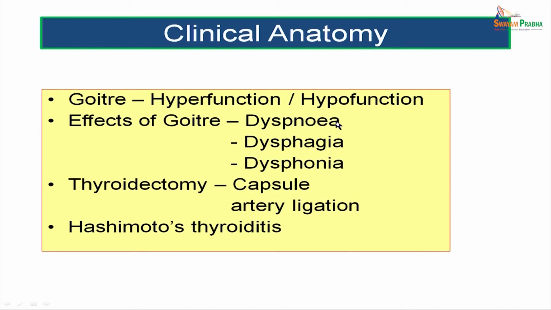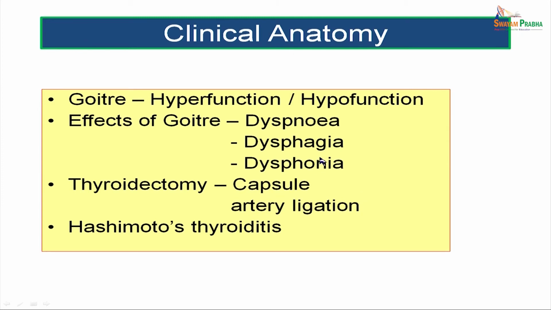Dyspnea is difficulty in breathing due to compression of the larynx or the trachea. Dysphagia is difficulty in swallowing due to compression of the pharynx and the esophagus. Dysphonia is altered speech or difficulty in speech, and this is due to compression of the recurrent laryngeal nerve which is present deep. So, these are some of the effects of the goiter.